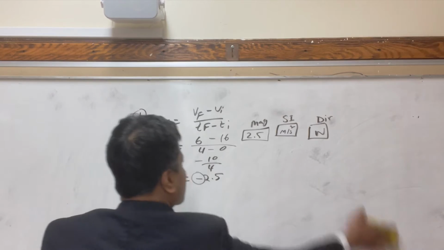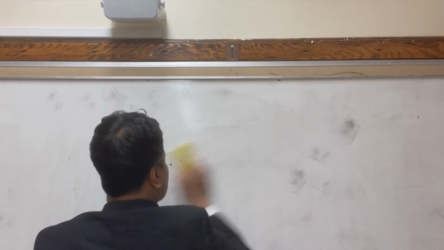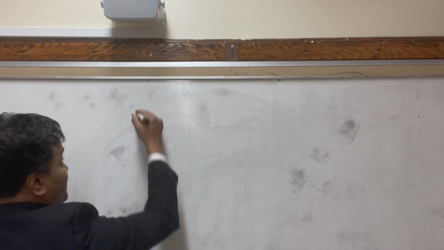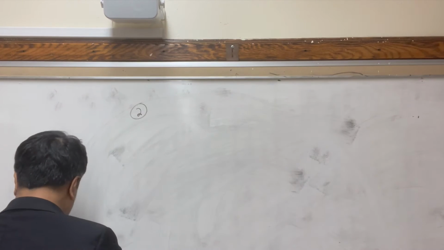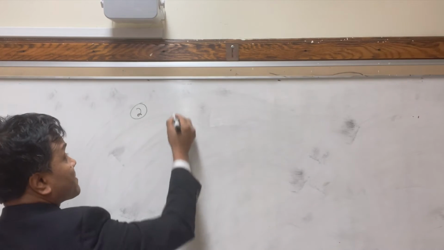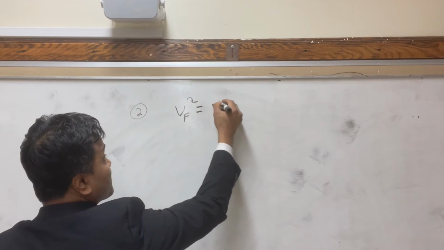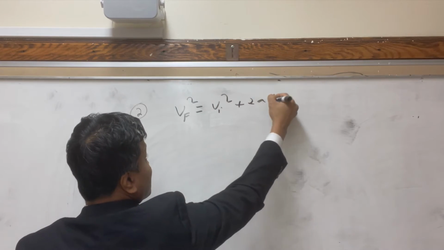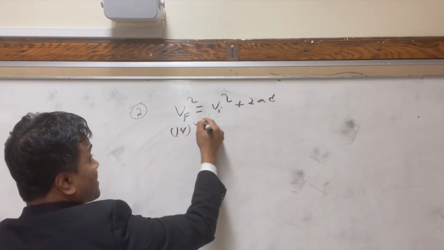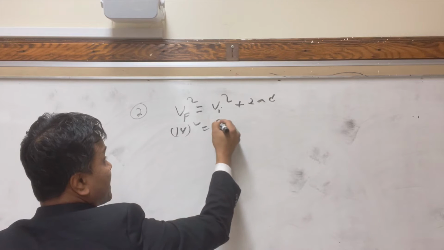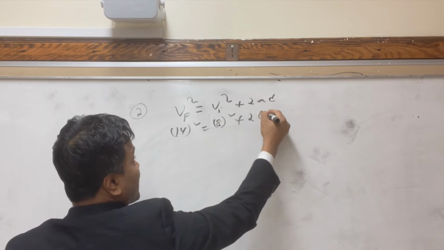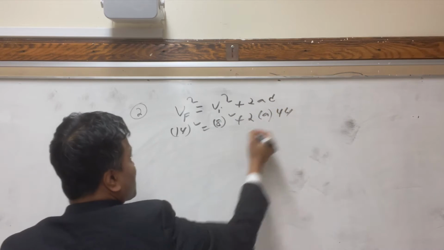Now let's solve question number 2 from the quiz. I ask you to also find the acceleration. So Vf squared is equal to Vi squared plus 2AD. 14 squared is equal to Vi, I gave you 8, squared plus 2A, I gave you D as 44.